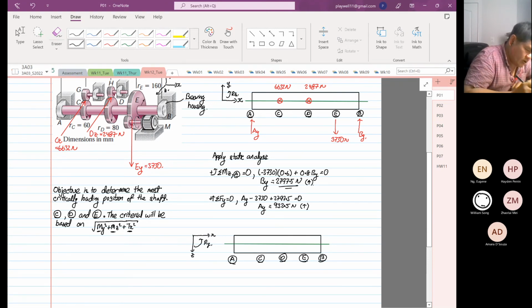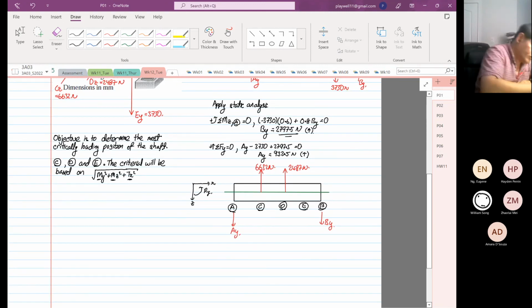And the forces that we know, okay, we have 6632 going up in this direction. Okay, so this is your 6632 Newton, and you have 2487. So we know that we are going to have a Bz, and we are going to have Az. Okay.